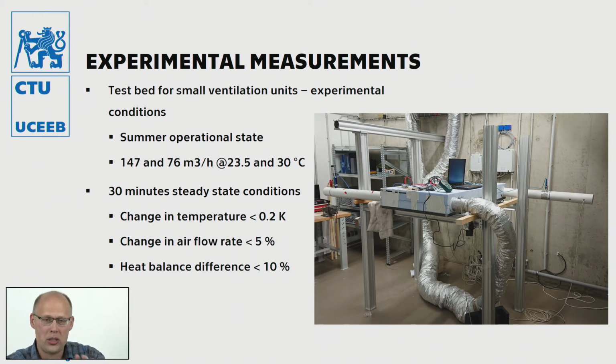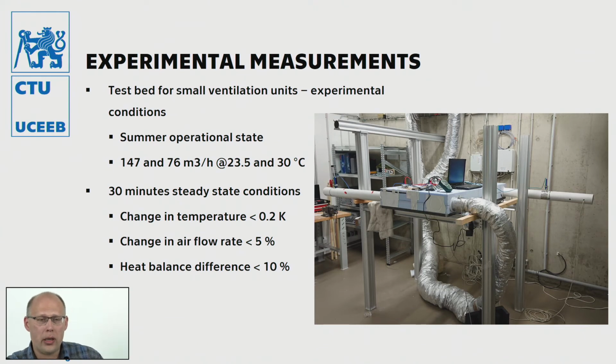On this picture, you can see our ventilation unit mounted in the testing lab. It was connected to supporting ventilation units, which provided the required inlet temperature, airflow rate, and other parameters we required for the experiment.